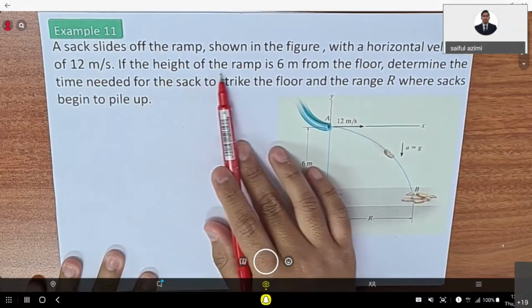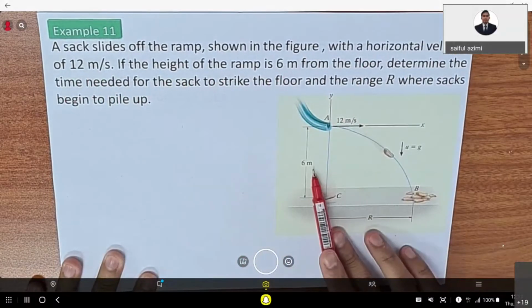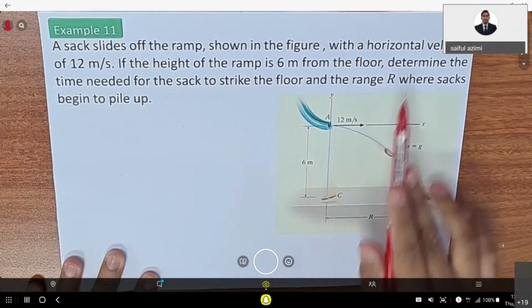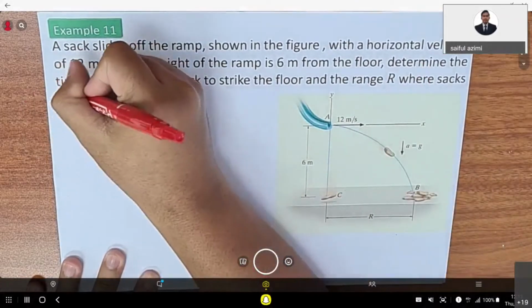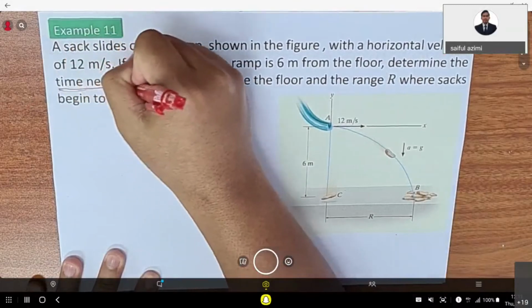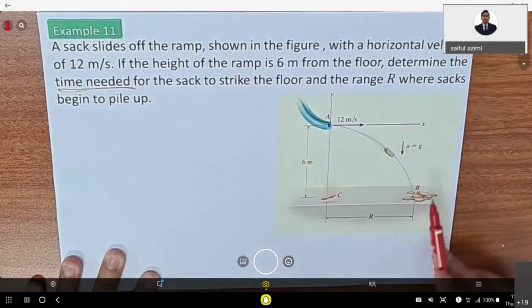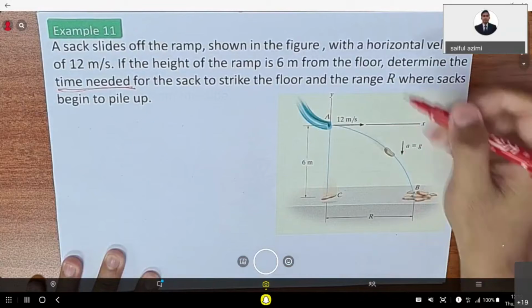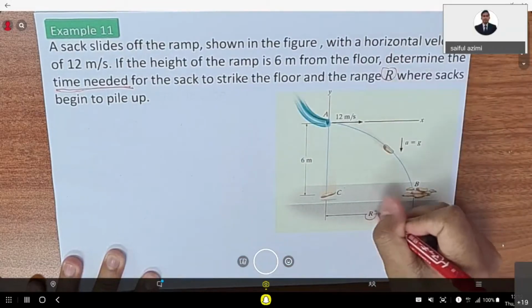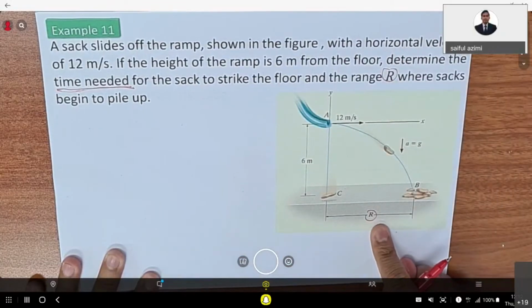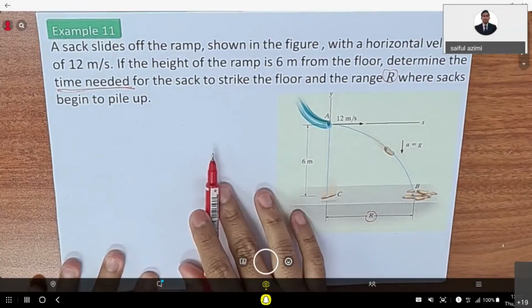If the height of the ramp is 6 meters from the floor, determine the time needed for the sack to strike the floor and the range R, which is the horizontal distance where sacks begin to pile up.